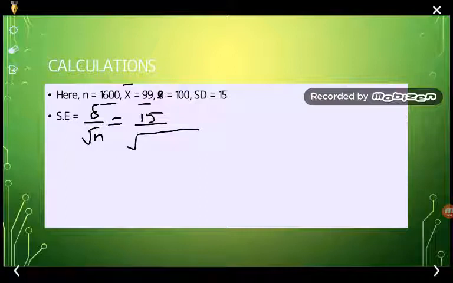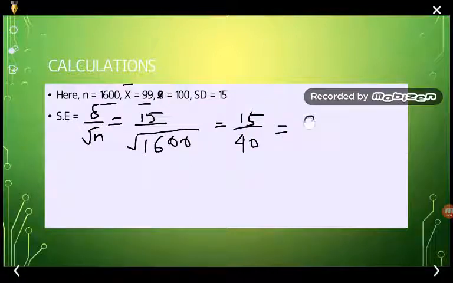N is nothing but 1600. The square root of 1600 is 40, so 15 divided by 40 will be equal to 0.375. So this is the standard error.